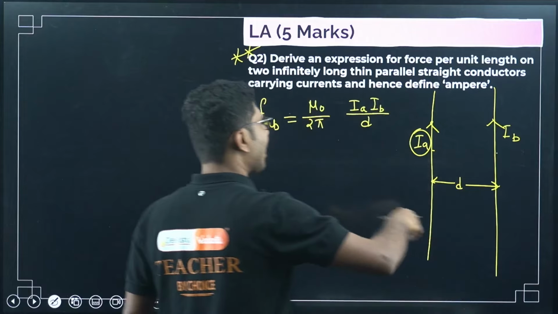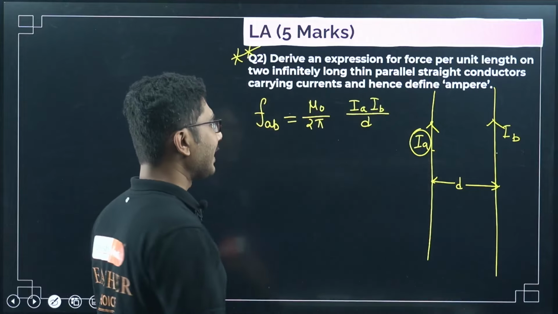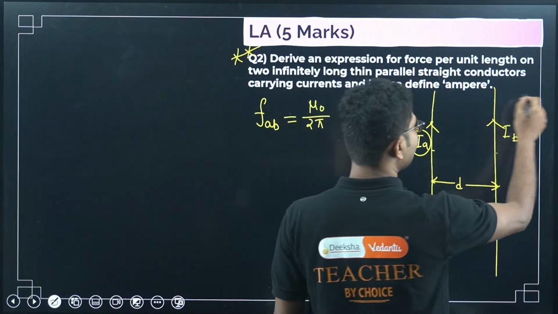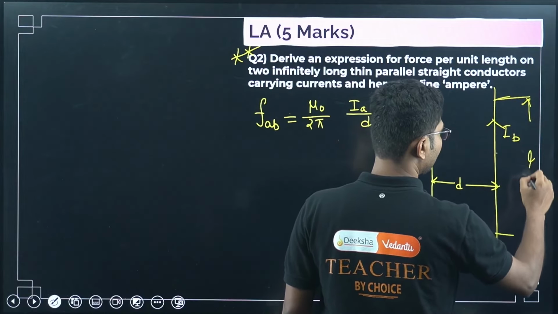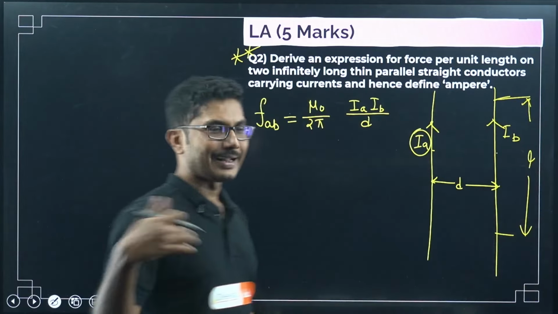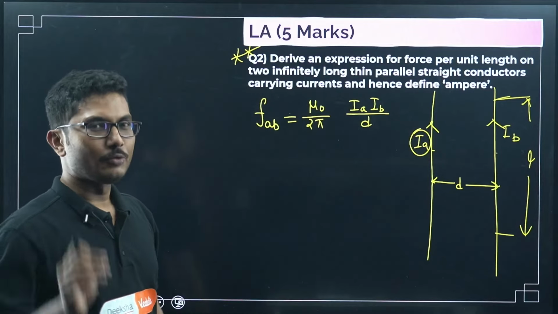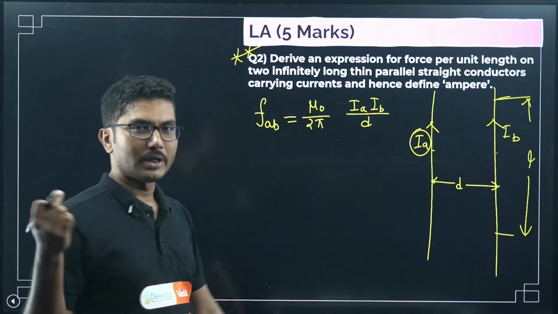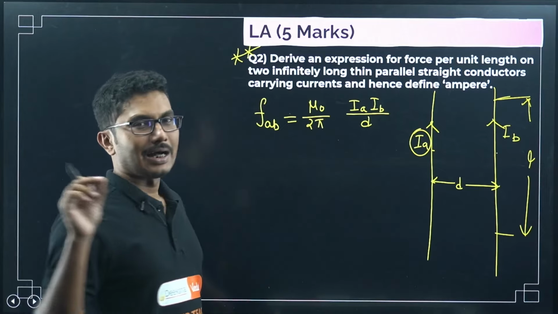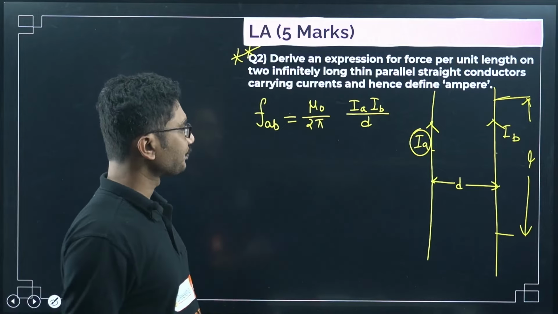Then BIL sin theta. Then you have to take some arbitrary length L, and then at the end you have to divide it by L to find the force per unit length. You have to mention force per unit length. That is what is important.